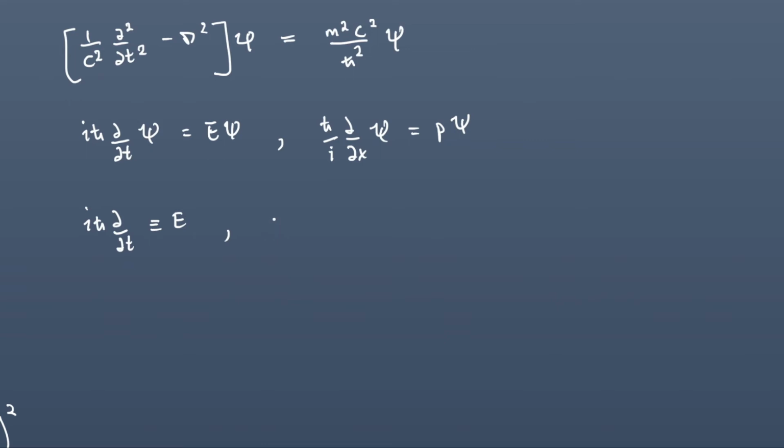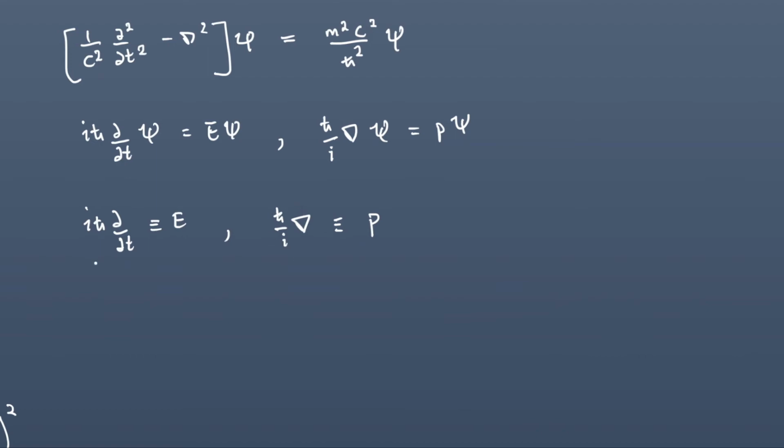We have h over i d dx, or more generally, the derivative with respect to all locations in space, or all dimensions of space, is associated with our momentum, right?